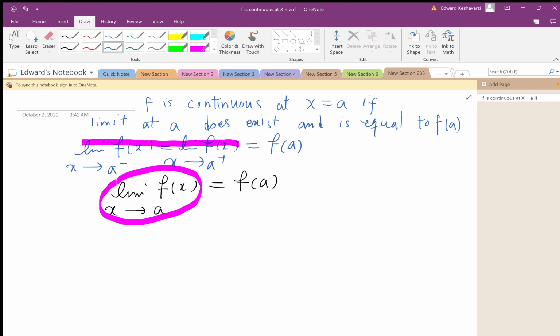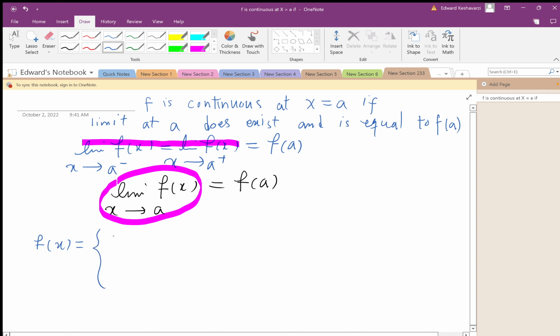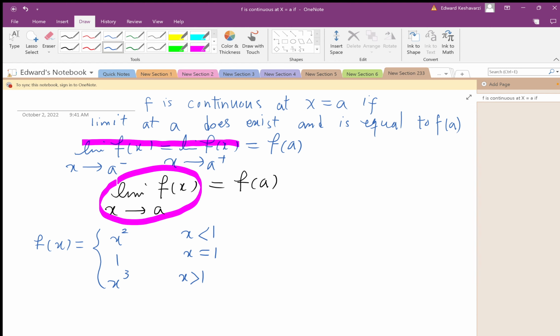Let's have an example. F of x equals x squared for x less than 1. At x equals 1, it's 1, and when x is larger than 1 it's x cubed. I want to see if this function is continuous or not.